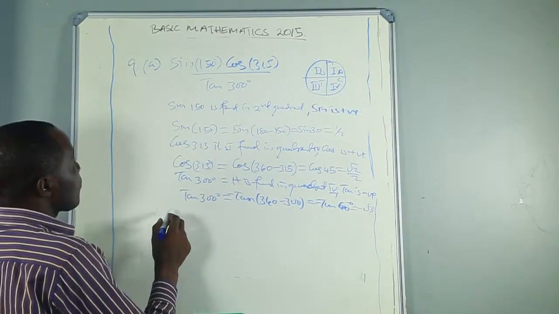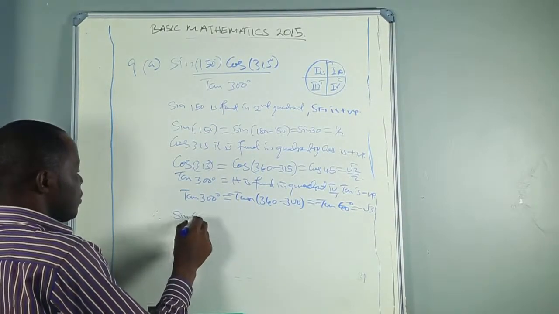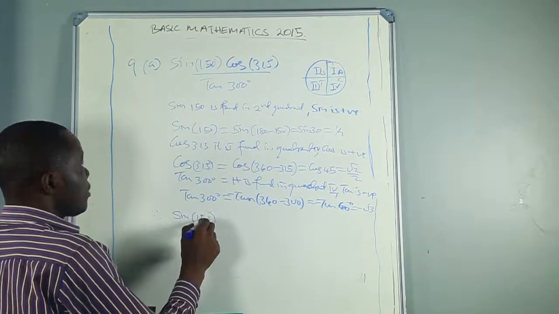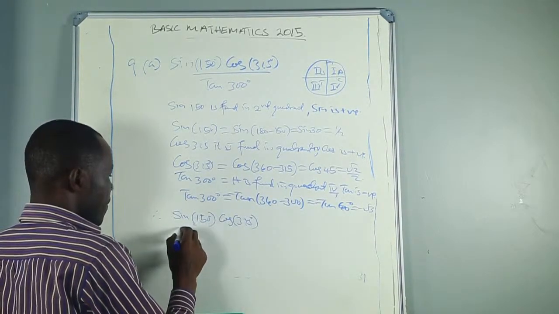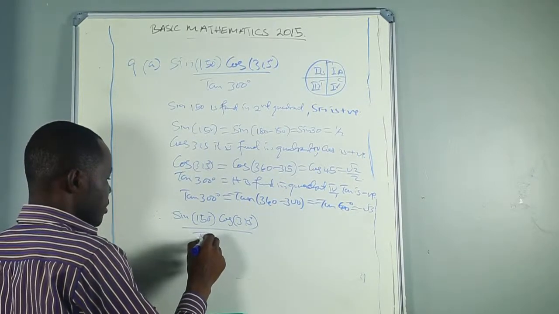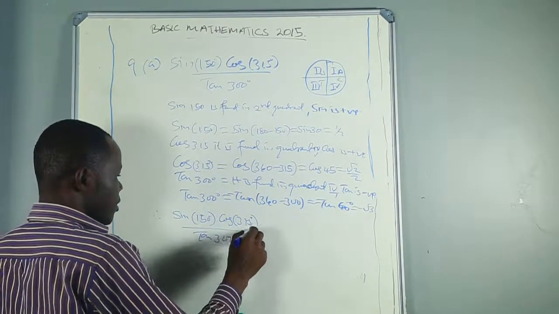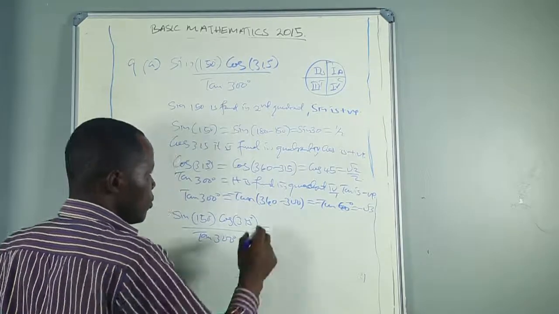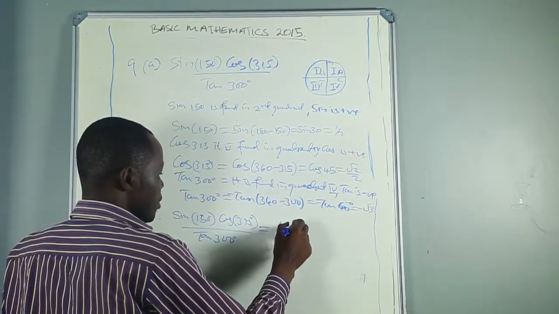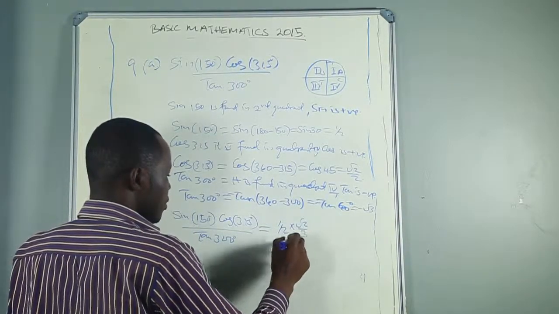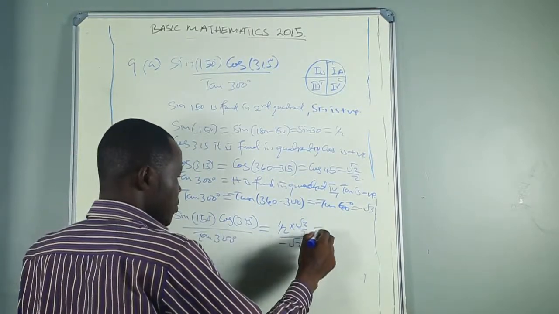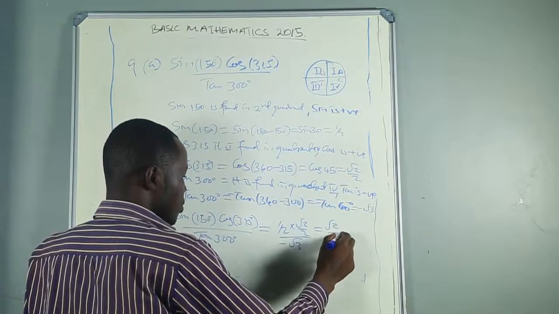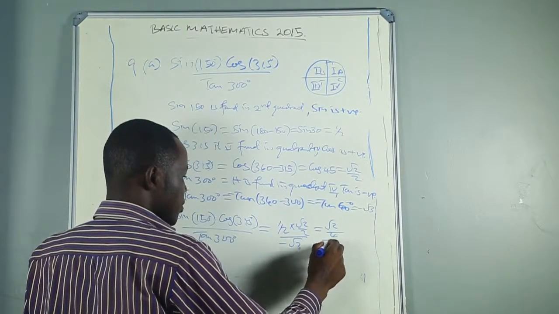So sine of 150 times cos of 315 divided by tan of 300 is equal to 1 over 2 times square root 2 over 2, over negative square root 3. Multiplying, this is square root 2 over 4 divided by negative square root 3.